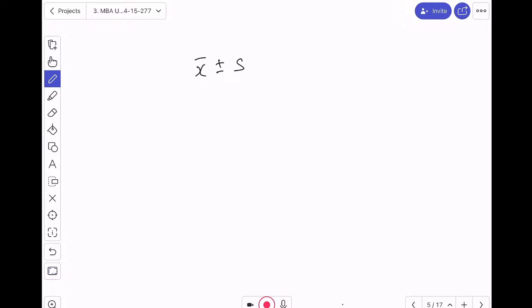So make an interval with 11 plus 44 and 11 minus 44.